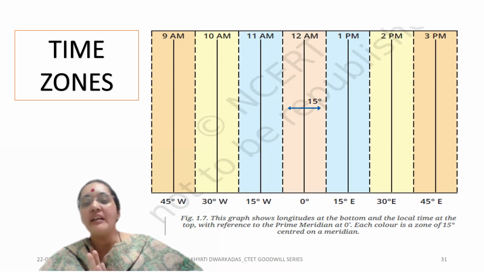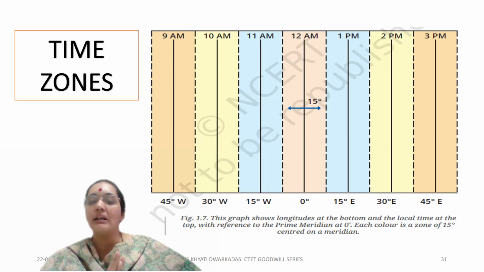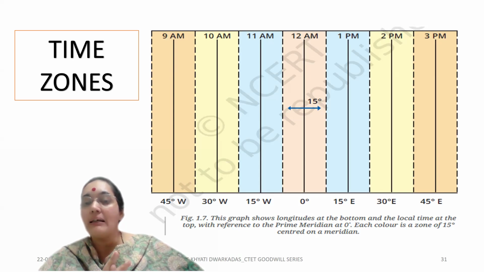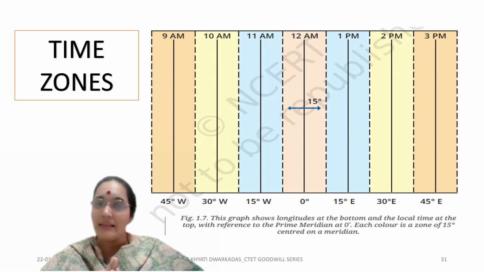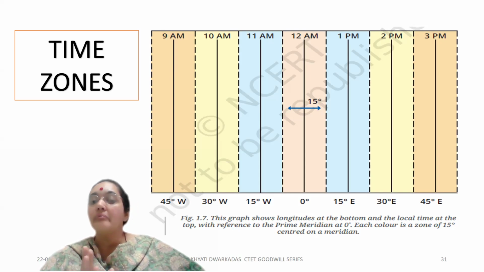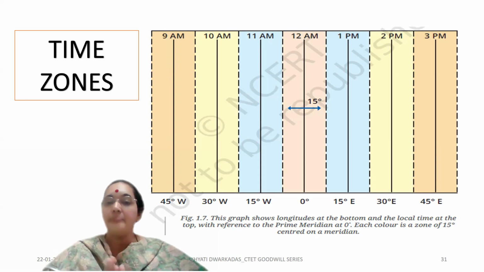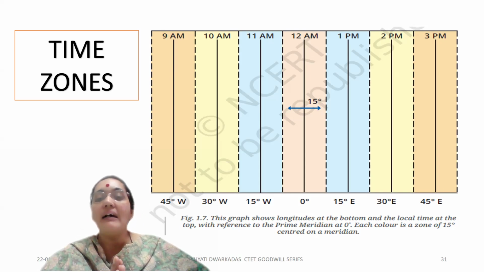If you are moving 15 degrees east, you will count 15 into 4, 60 minutes. 60 minutes means 12 a.m. to 1 p.m. You can see over there. And if you check moving west, then you minus that many minutes. So 15 degrees west would be 60 minutes less time. That means it will be 11 a.m.